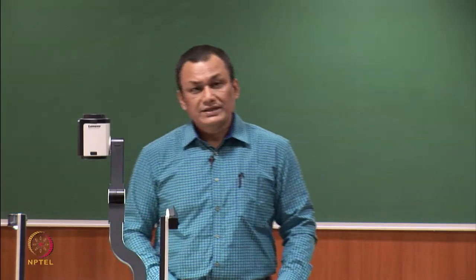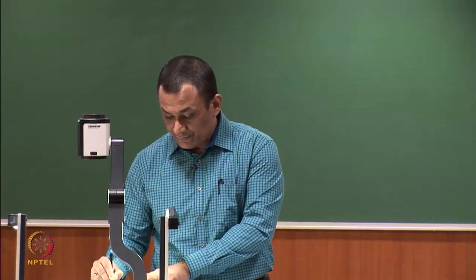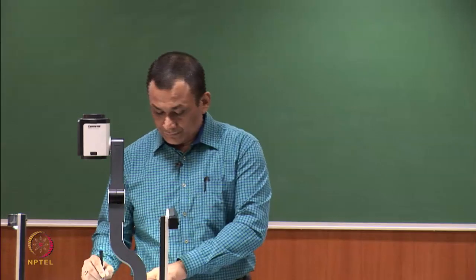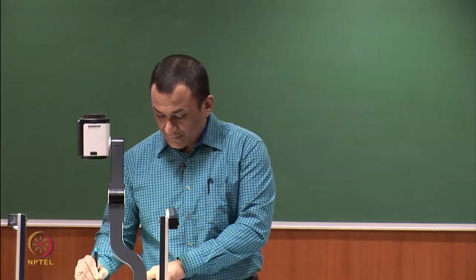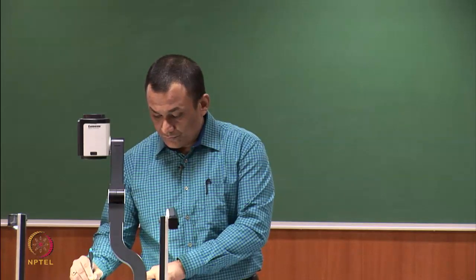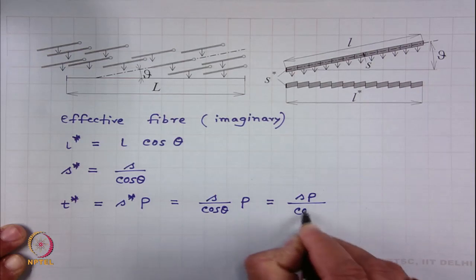Then what is the fineness of this effective fiber? T star we know from again module 1. This is the expression for fineness. S by cos theta into rho. So, S into rho by cos theta.